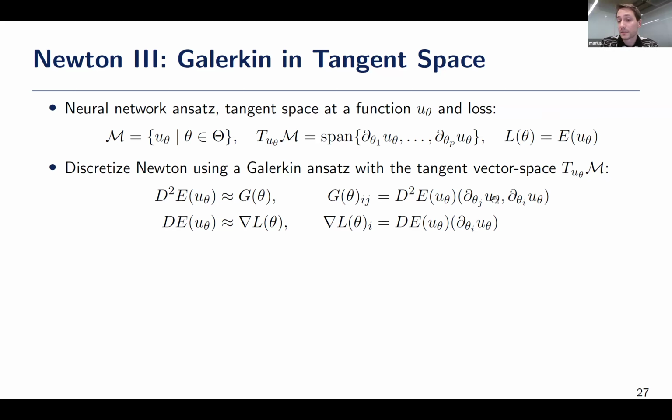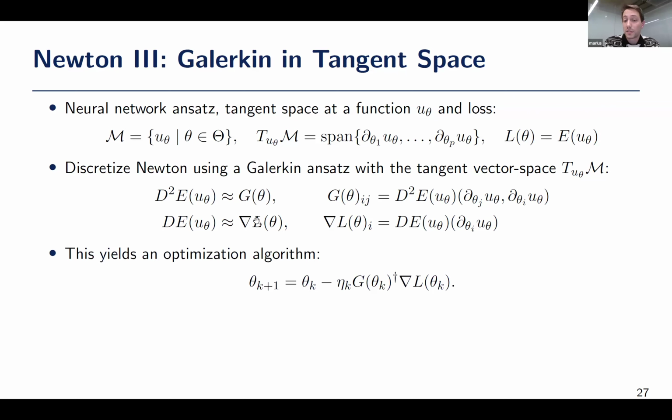You get it by inserting these partial derivatives into the second Fréchet derivative of the continuous guy. And the derivative you discretize also with the Galerkin ansatz, so you just put these guys into the Fréchet derivative, and what you get back is the Euclidean gradient of the loss, so what you would get from autodiff. And then after discretization, you just write down what you got.